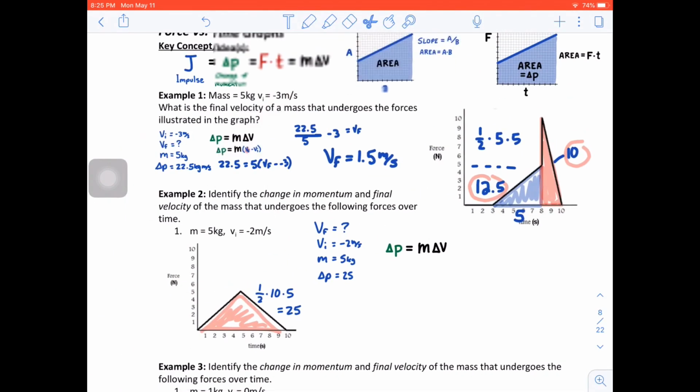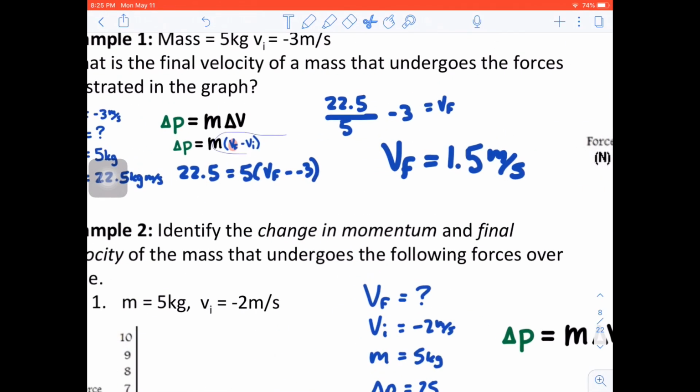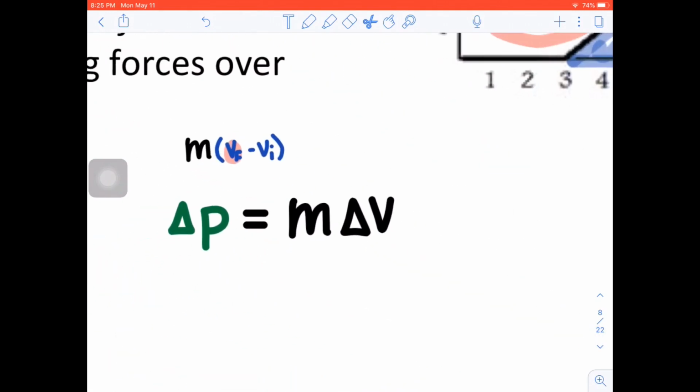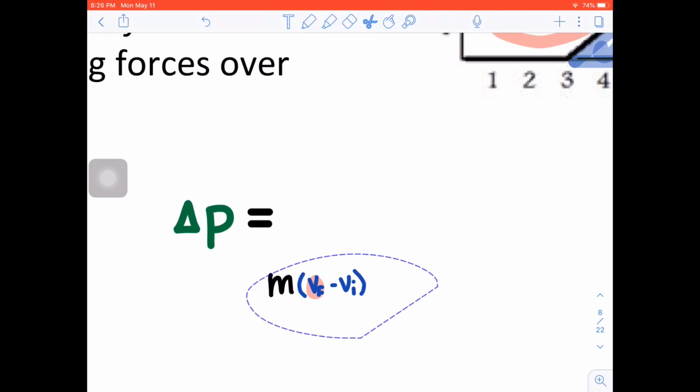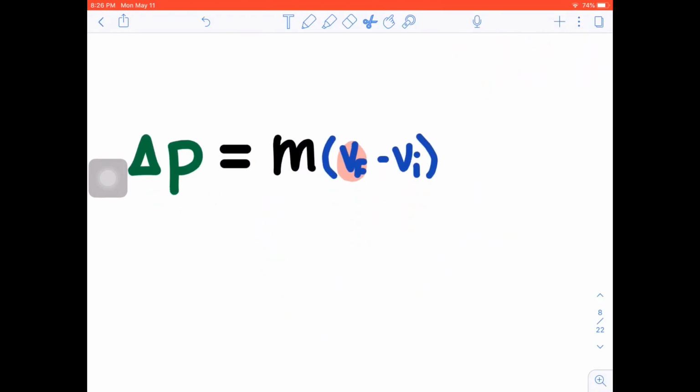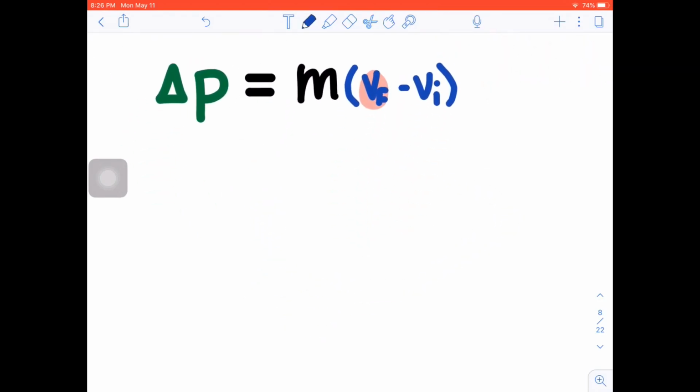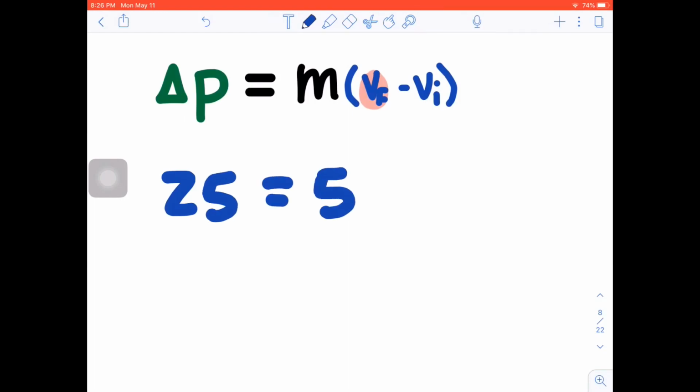I'll bring down the Vf minus Vi from before. Very similar question and very similar process here. Alright, so the area was 25, the mass was 5, and the initial velocity was -2.